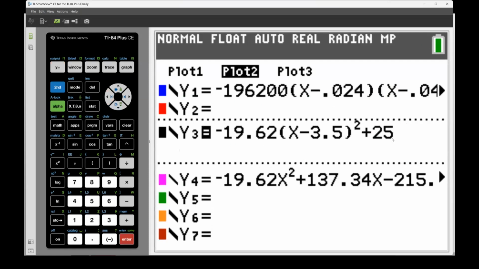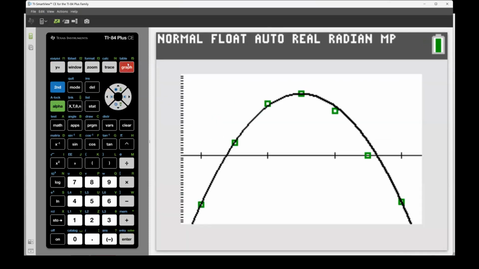And here's the results of the vertex form. The kids got really good data with this.